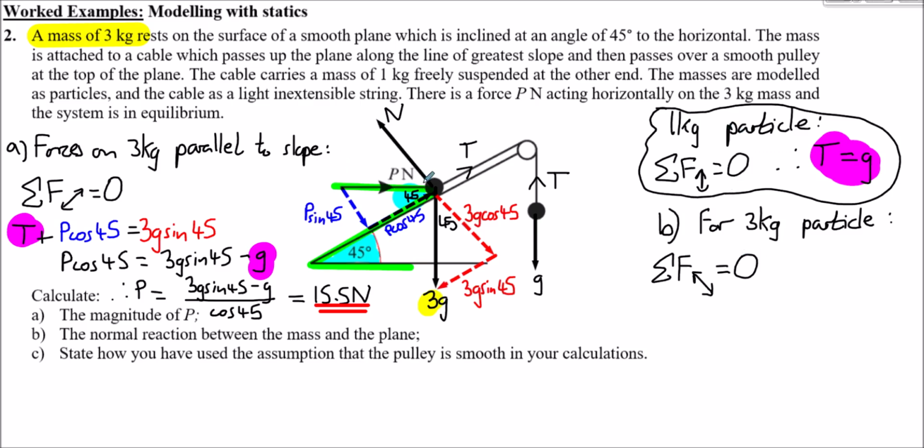So the sum of the forces going in this up direction is obviously just the normal force. So that must be equal and opposite, perfectly balanced with all the forces acting downwards. Acting downwards into the slope perpendicularly is a P sine 45 force. So that's P sine 45.